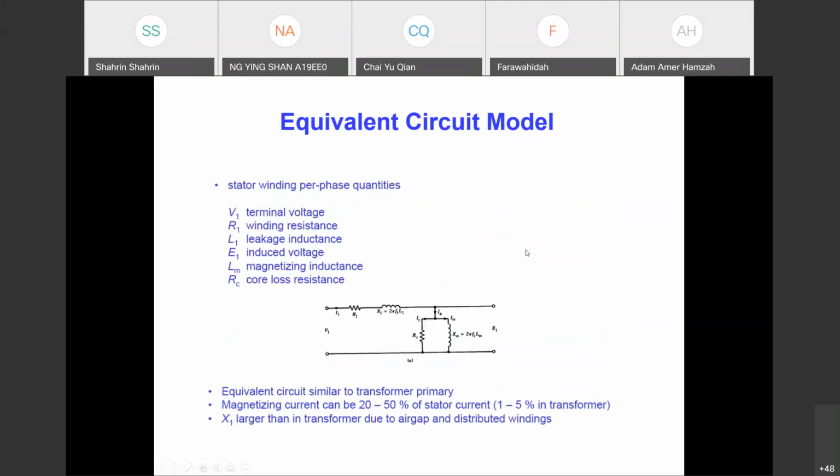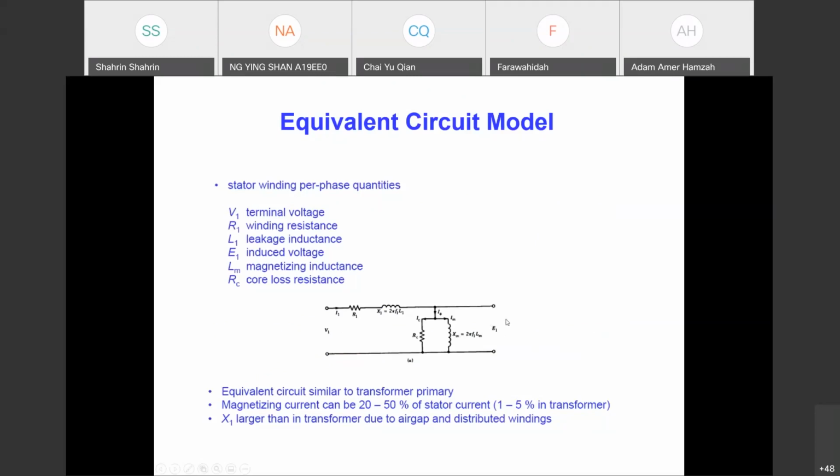So this is the stator part. As you can see, we have R1 and X1, and then we also have core losses and the magnetizing inductance for the stator, which is similar to the transformer. This is your voltage supply, and this is your voltage induced.